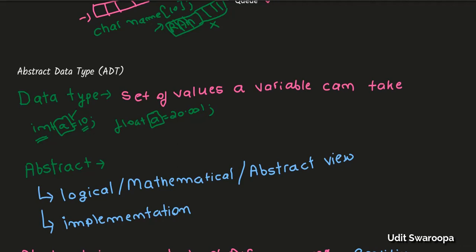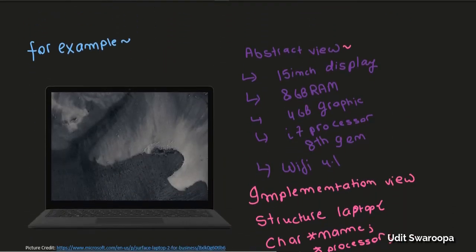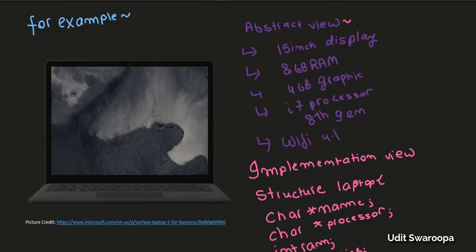I will give you an example of it. Suppose this is a laptop. In the abstract view, I can consider that I'm going to purchase a laptop which has a 15-inch display, 8 gigs of RAM, 4 GB of graphics, an i7 processor, 8th generation, Wi-Fi 4.1 technology, and so many features.